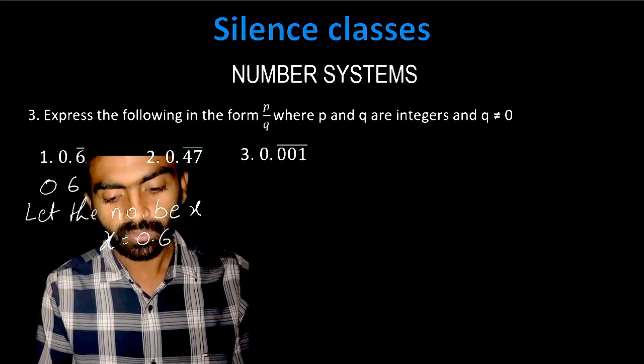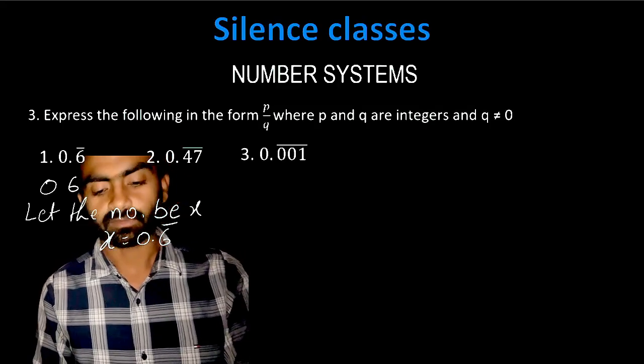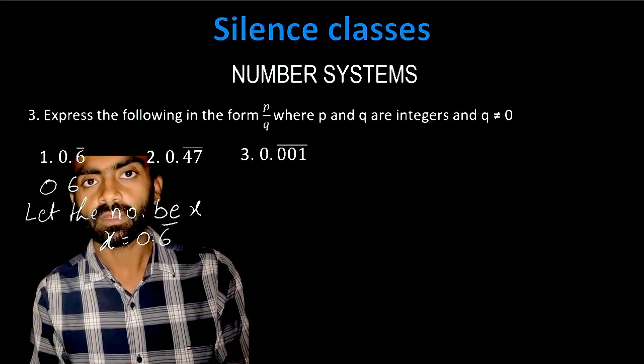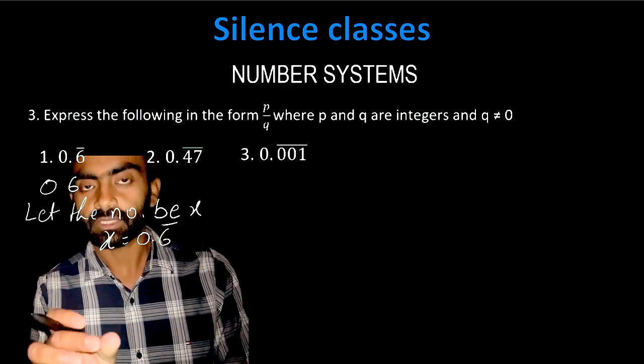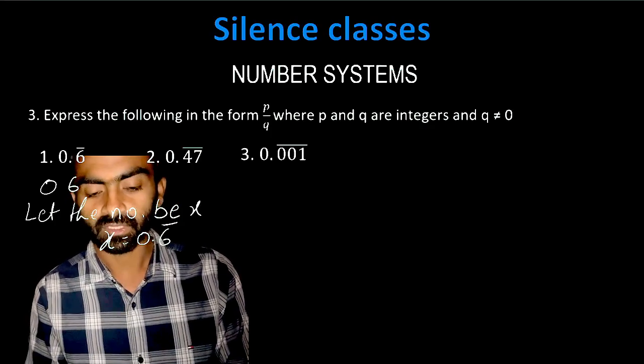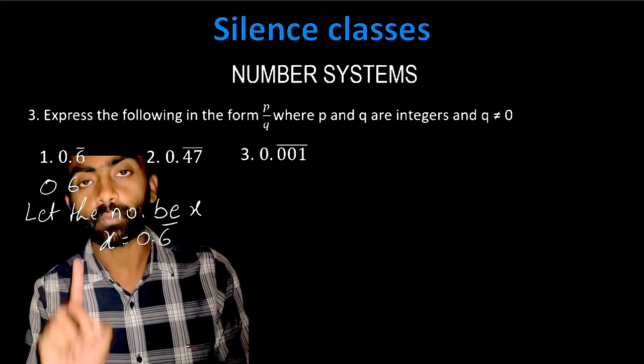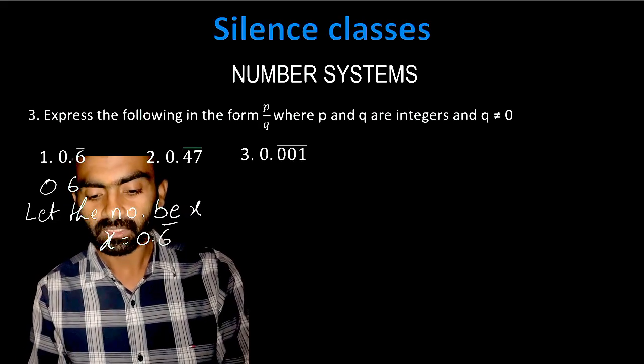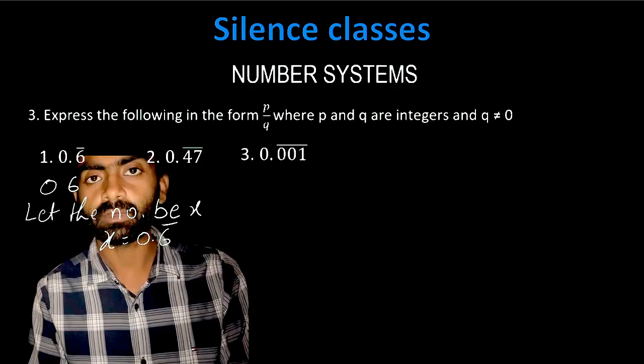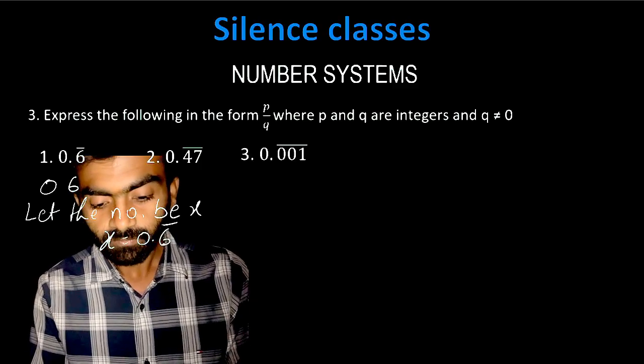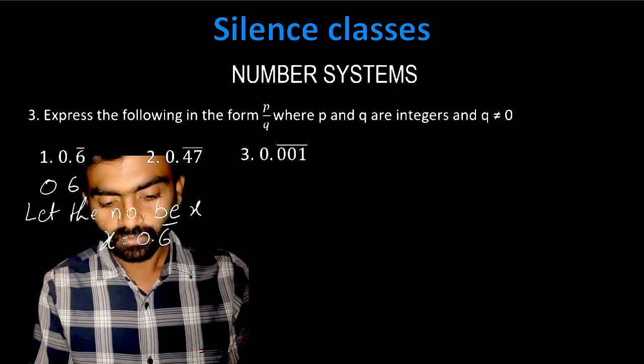Now, with 0.6 and the bar, you first have to check how many numbers the bar is present over. The bar is over one number, so we will multiply by 10.